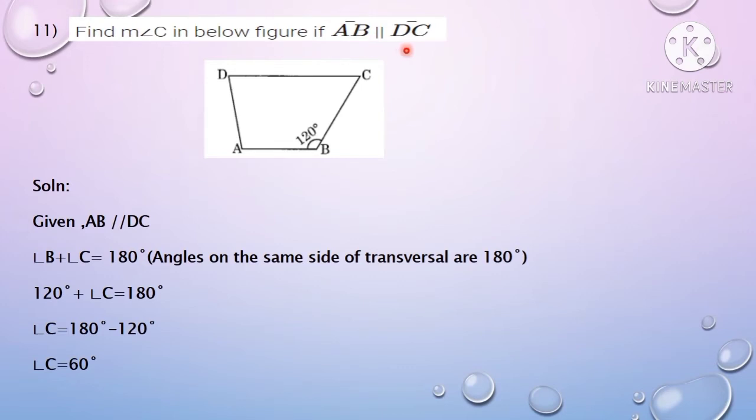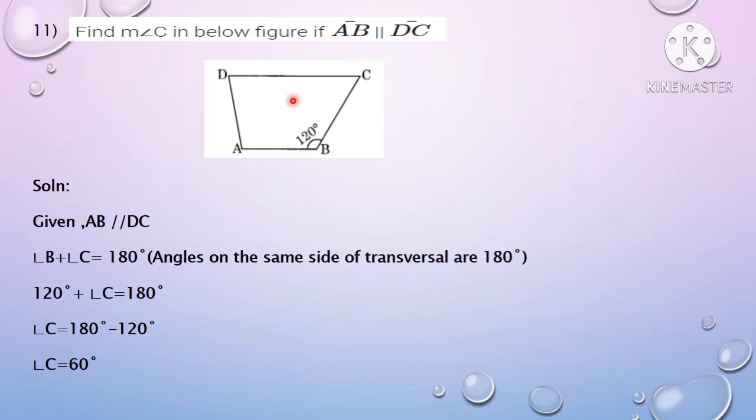Now they have given AB is parallel to DC and they have given one angle, 120 degree. Angle B is equal to 120 degree, and you know the adjacent angles. Sum of adjacent angles is equal to 180 degree, or else we can say angles on the same side of a transversal.